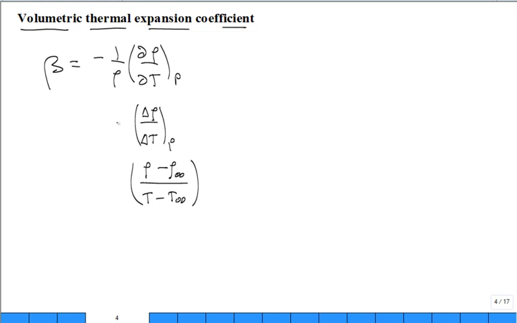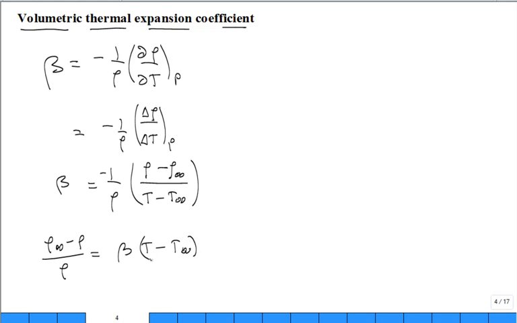Minus 1 over rho. All right, so that's what beta is approximately equal to. I approximated that derivative. So I see that this rho infinity minus rho divided by rho is equal to, that minus sign goes in, flips it, I pick up a beta times T minus T infinity. Make sense?